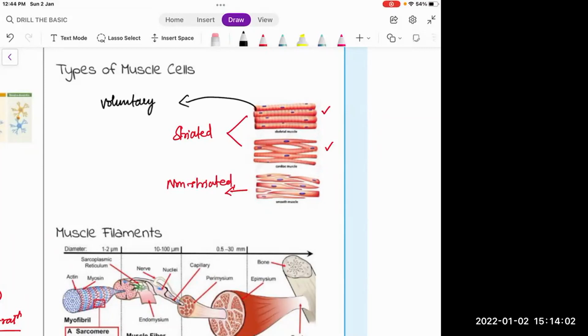The skeletal muscle is voluntary. In the sense, if you want to flex your arm, you can flex; if you want to extend, you can extend. But the cardiac muscle and the smooth muscle are involuntary. You cannot control the function of the heart. You cannot say, I am tired, wait a few minutes, don't pump.